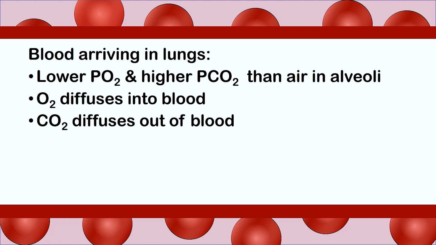As a result, because the partial pressure in the air and that thin layer of water in the alveoli is higher than the partial pressure in the blood, oxygen will diffuse into the blood. Similarly, because the concentration of carbon dioxide or the partial pressure of carbon dioxide is higher in the blood than it is in the water that lines the alveoli or in the air within the alveoli, then carbon dioxide will diffuse out of the blood and into that air.